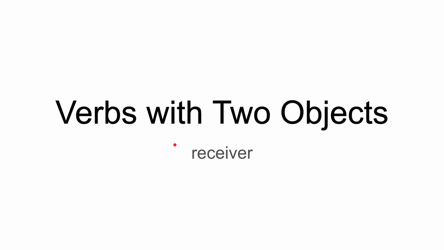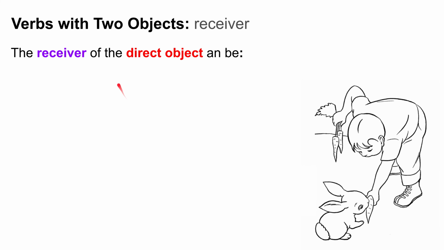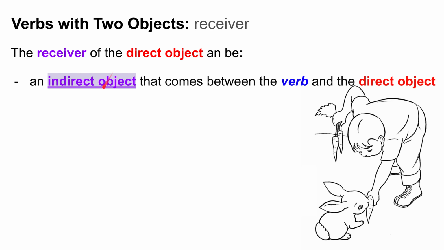Let's look at the receiver of the direct object. The receiver of the direct object can be an indirect object that comes between the verb and the direct object, or the thing being moved or prepared. For example, look at this picture here. Here we have a boy, a carrot, and a rabbit.